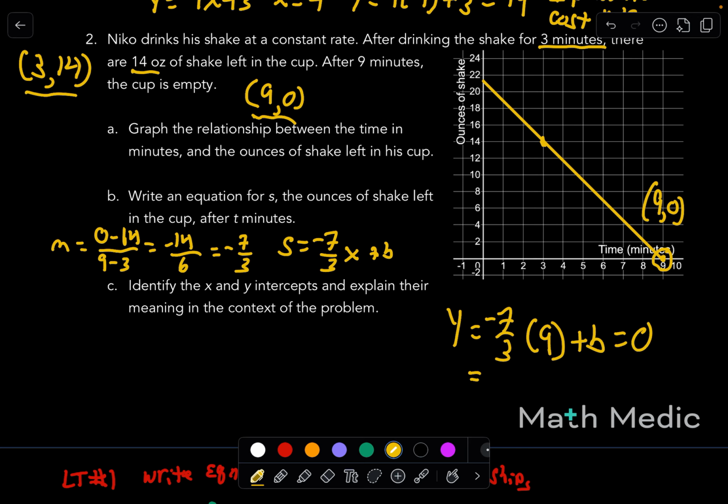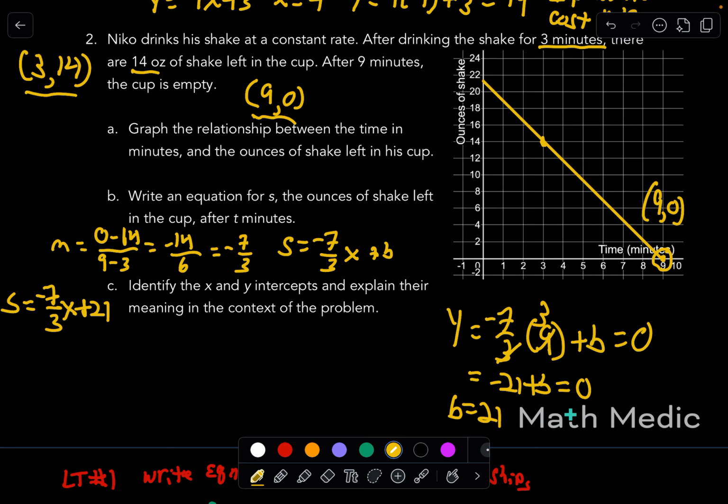So multiplying this, you get 63 over 3, or 9 over 3, 3 goes into 9 3 times, you get negative 21 plus B equals 0. That tells you B equals 21. So we have the equation. All right? The equation is actually S, not Y, S equals negative 7/3 X plus 21. All right, and that's the answer for B.